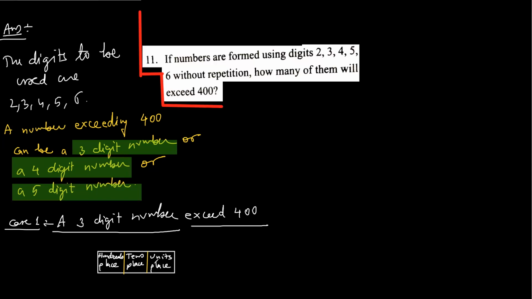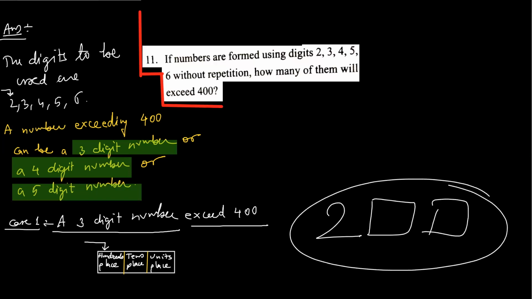A three-digit number exceeding 400. Please understand, you have to give priority, right? So first of all, the hundreds place, everybody see here. I cannot have 2 here. See, in a three-digit number, if the hundreds place is filled by 2, it means the number is going to be 200 something, and then it will not satisfy the condition.